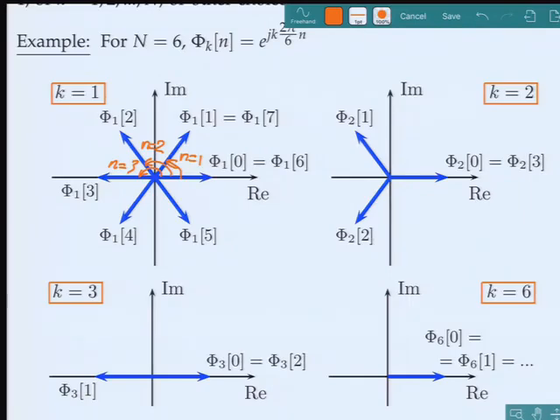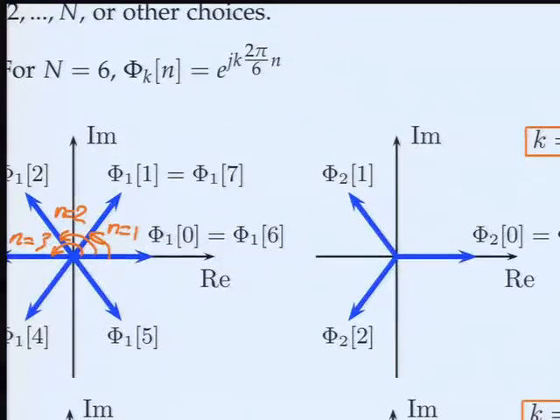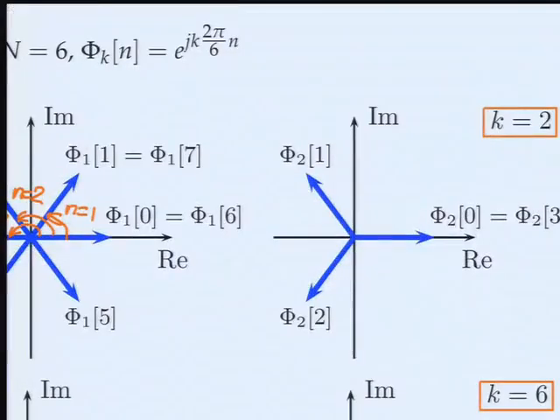K equal to 2 doubles the frequency. Now I substitute k equal to 2. Instead of advancing by 60 degrees each time, I'm going to advance by 120 degrees each time. So phi sub 2 is this function here as a function of time.